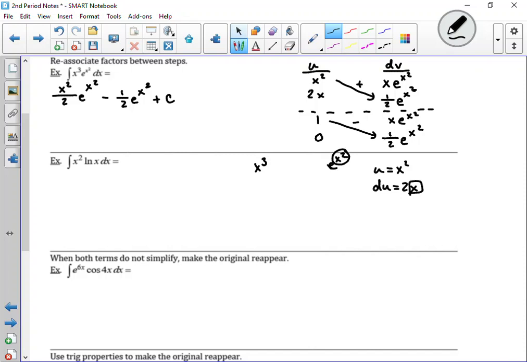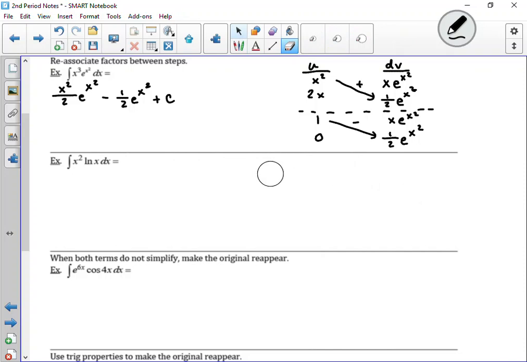So if you're doing u-sub and you have a function inside, if it's x squared, I need to have an x on the outside. If it's x cubed inside, I need an x squared on the outside. If your du has an x in it, then you have to have it somewhere in the rest of the function.